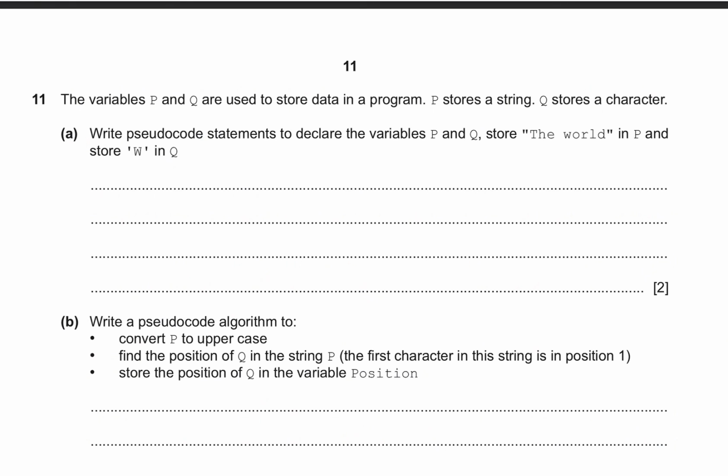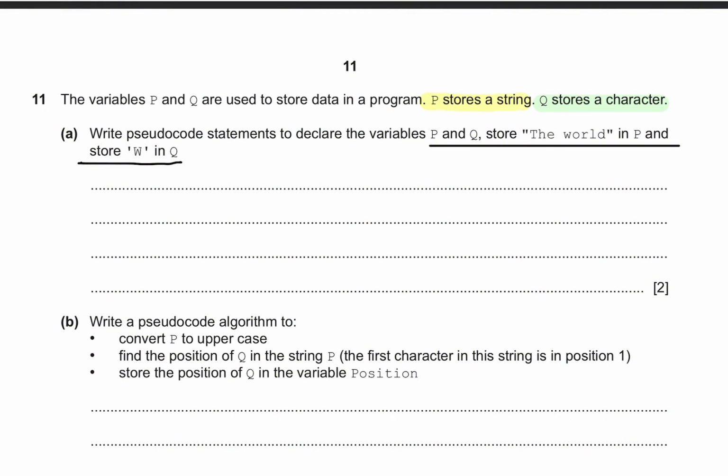The variables P and Q are used to store data in a program. P stores a string, Q stores a character. Write pseudocode to declare the variables P and Q, store the word in P and store W in Q. So how are you going to do this?